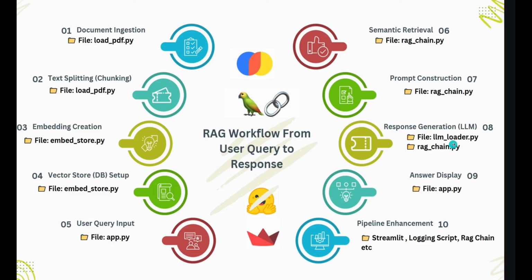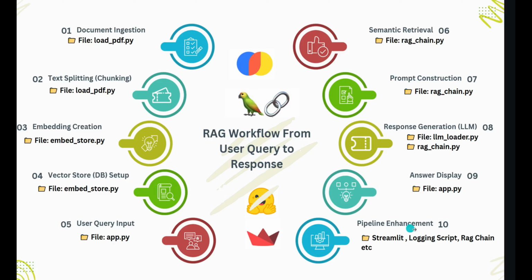Then for response generation, we are using a combination of llm_loader.py and rag_chain. These two files are being used here for the response generation, because we'll load our desired LLM and this rag chain will wire them up to get the response. Then we have the answer display in the app.py file, to get the answer to the user query and display it on the interface.